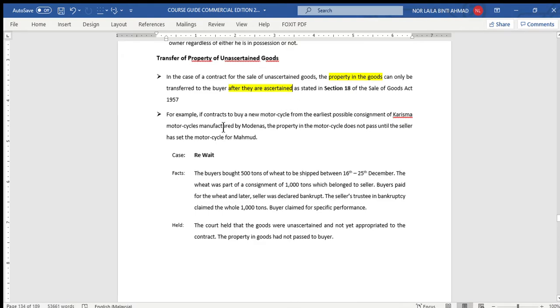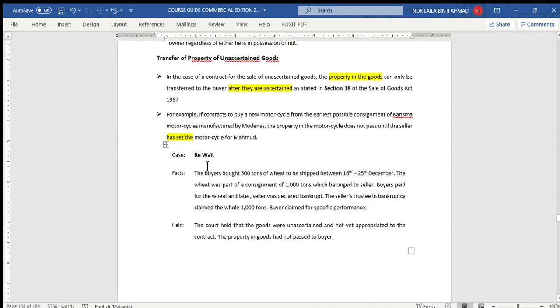For example, if a contract is made to buy a new motorcycle from the earliest possible consignment of Charisma motorcycles manufactured by Modenas, the property in the motorcycle, here referring to the ownership of the motorcycle, does not pass until the seller ascertains which Charisma motorcycle would be sold to Mahmud.